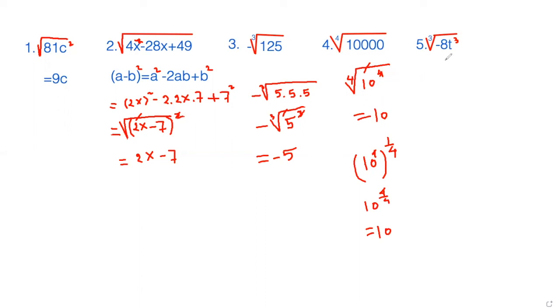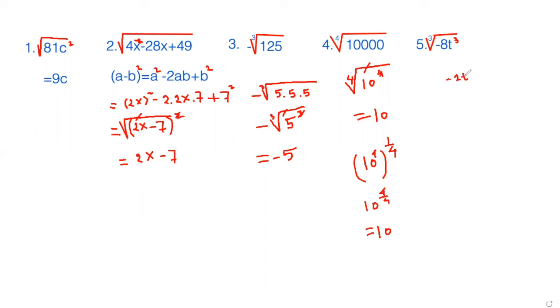For this one, we have a negative inside and also 8. So that is 2. 2 times 2 times 2 is 8. And the negative sign, if you multiply an odd number of times, then that will also be negative. So negative 2 and t to the power 3.